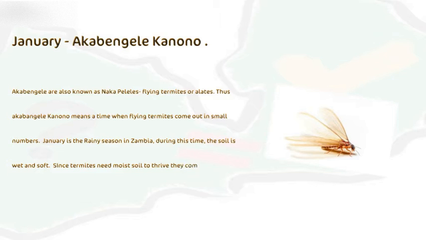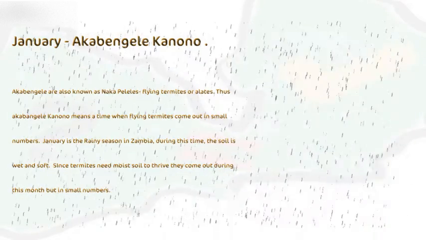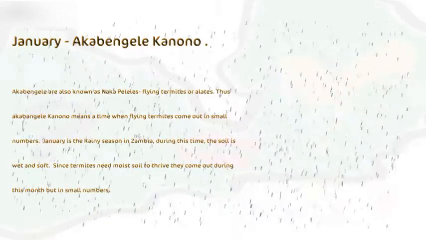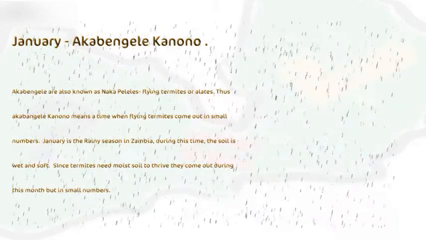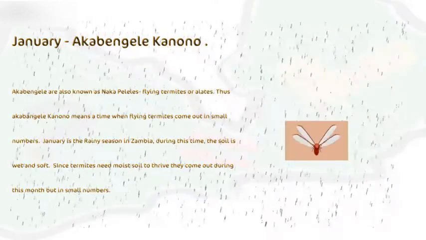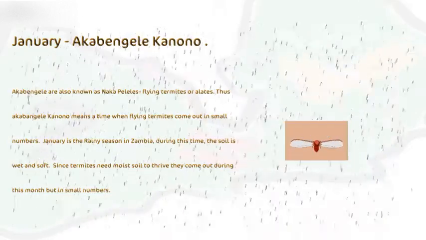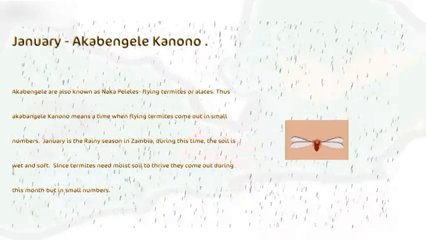January is a rainy season in Zambia, and during this time, the soil is wet and soft. And since flying termites need moist soil to thrive, they come out during this month, but, as the name suggests, in small numbers.